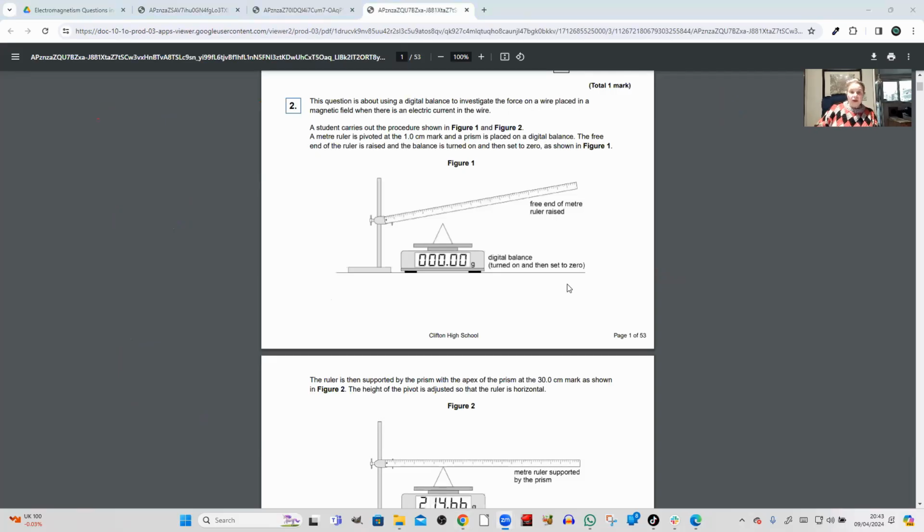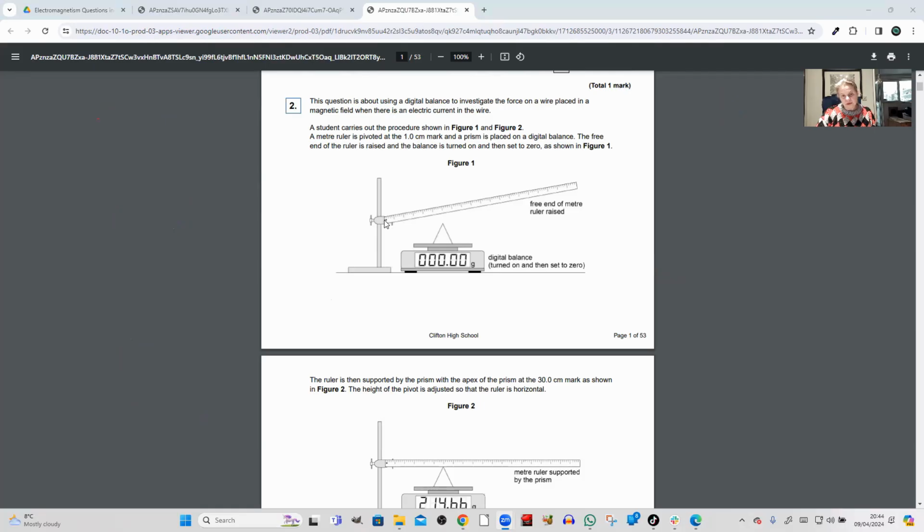Right. So this question came up on, I think it was the 2020 paper 3A for the AQA. So this is a practical paper, and it combined various different principles.